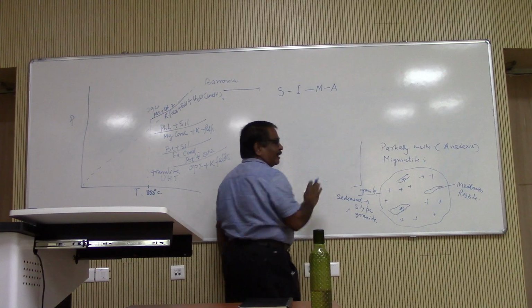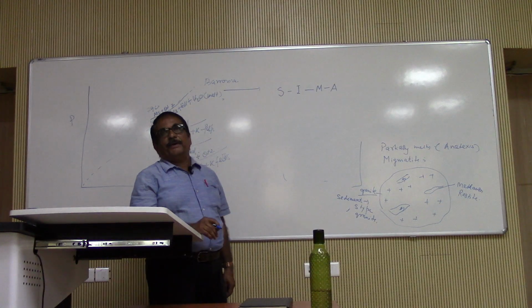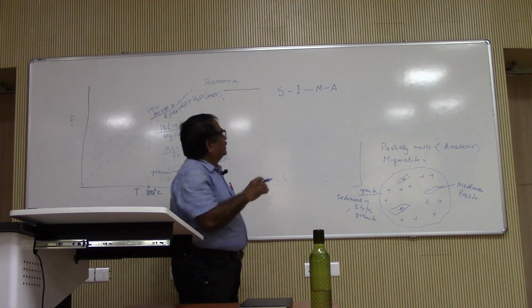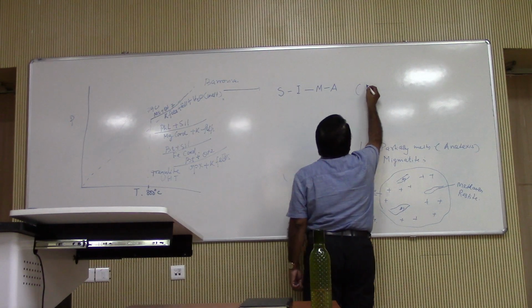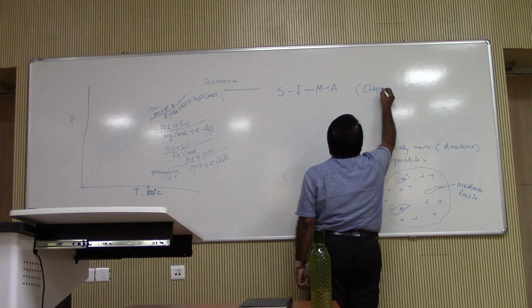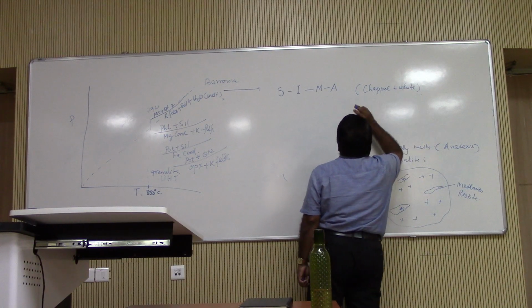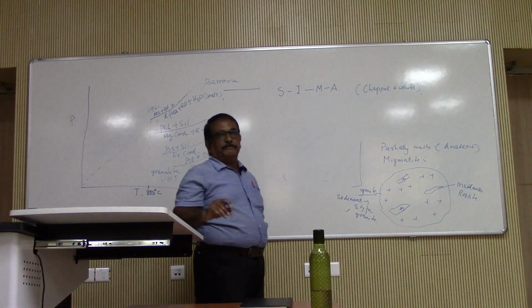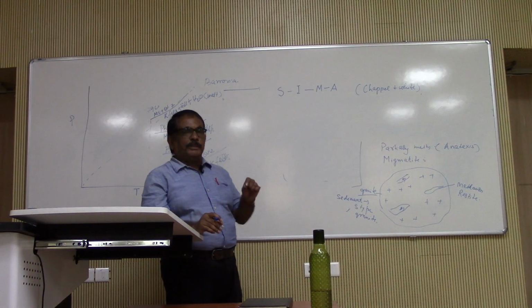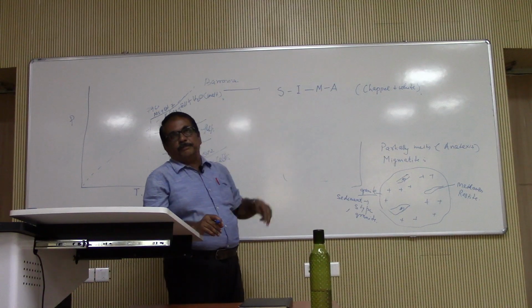There are 4 types of granites that have been classified, mostly by Chappell and White. You can see their paper sometimes. I'll just tell you in brief what the different types of granites are.